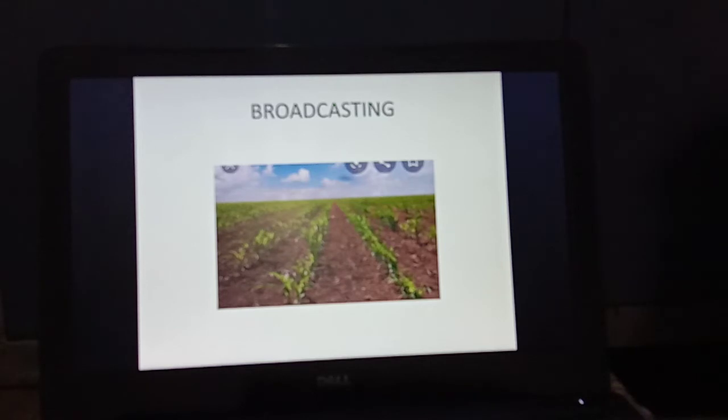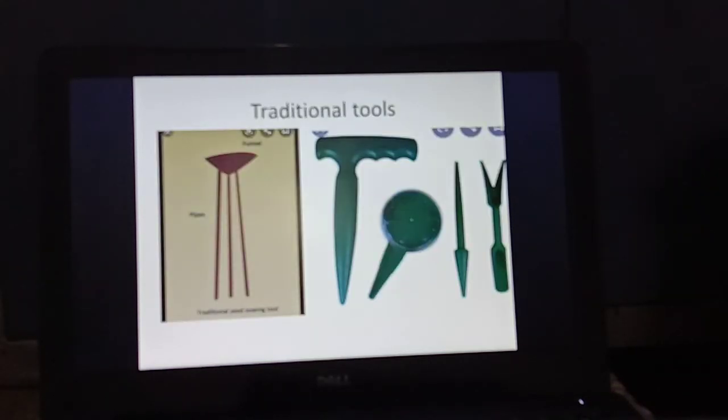Now the second, that is the traditional tool. The traditional tool comprises a funnel connected to 3 tubes that have sharp ends. Seeds put into the funnel travel into the tubes whose sharp ends penetrate into the soil and place seeds at proper depth. This tool also ensures the seeds are spaced correctly. Using the traditional tool may be better than broadcasting, but it requires more time and labor.